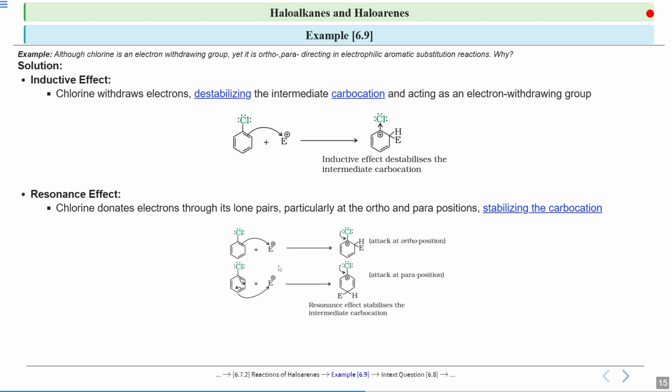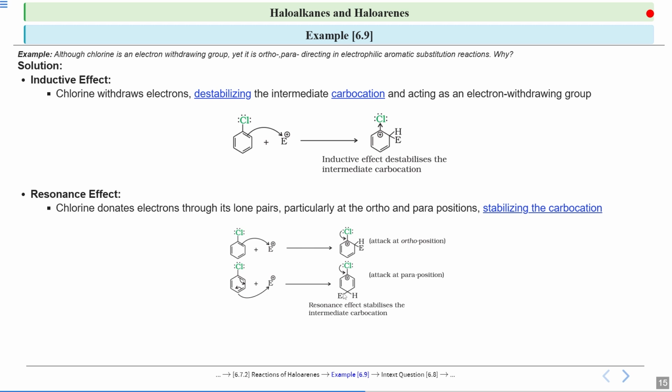So let's say we have chlorobenzene. When the electrophile attacks on the ortho position, the carbocation will form. Now, when the electrophile is attacking on the para position, again a carbocation forms after the attack at the para position.